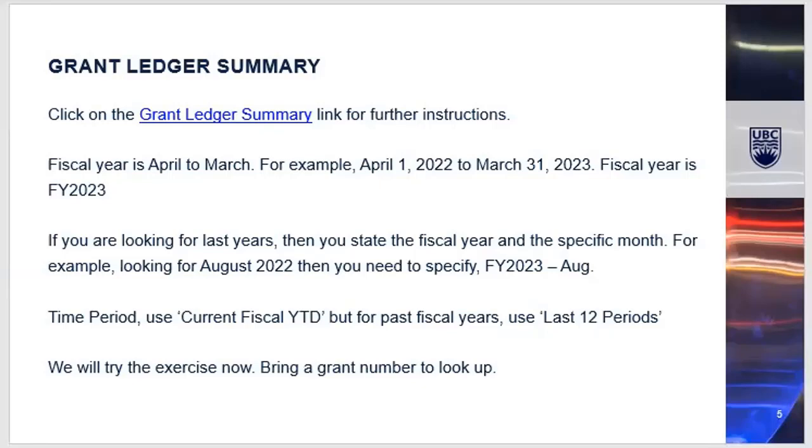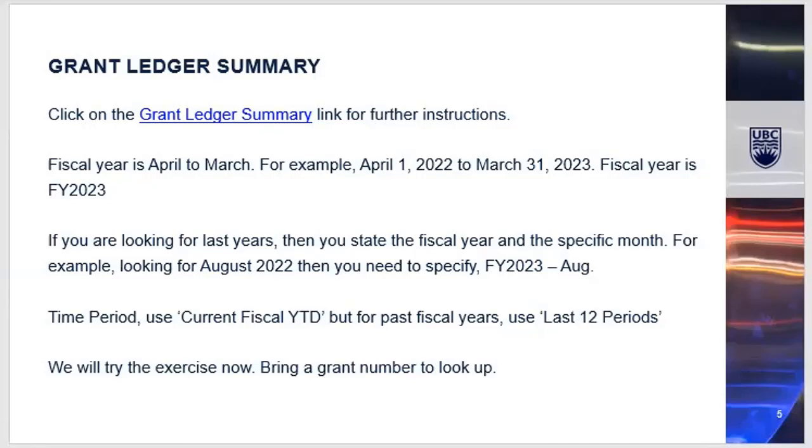So it does take a while to load up, and the reason is they're pulling information from the RISE. They're trying to pull the budget information from the RISE, so that takes a little bit longer. If you ever run a ledger summary that I mentioned in last Tuesday's workshop, then that one is much quicker.